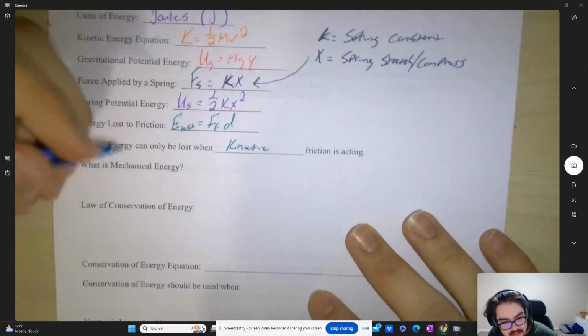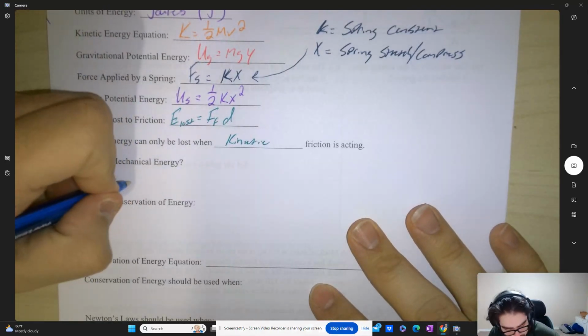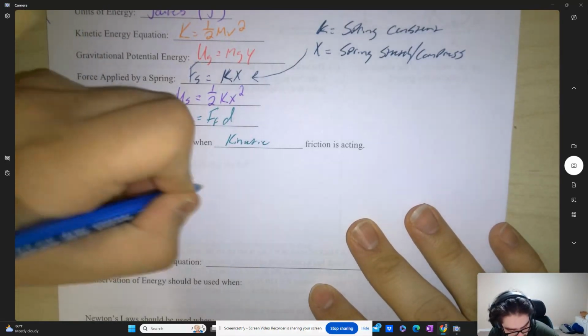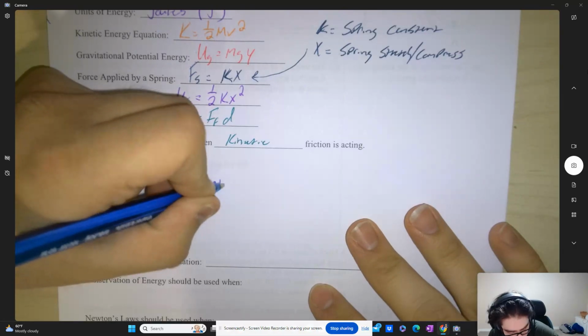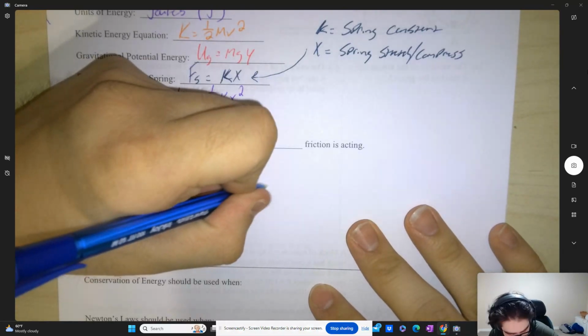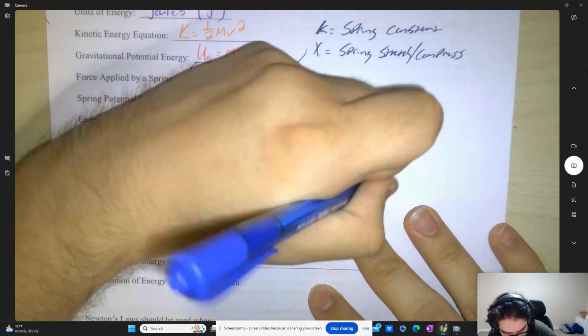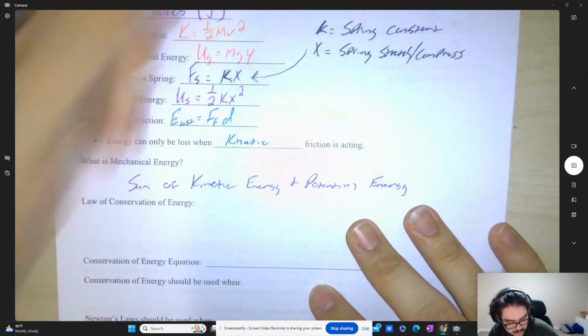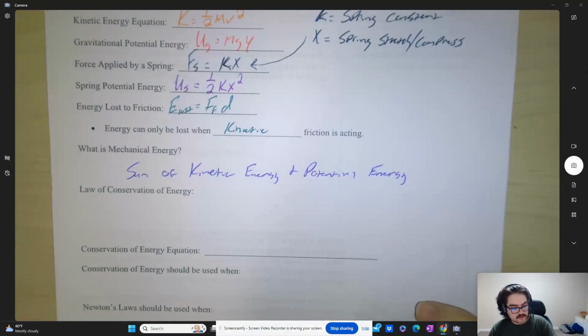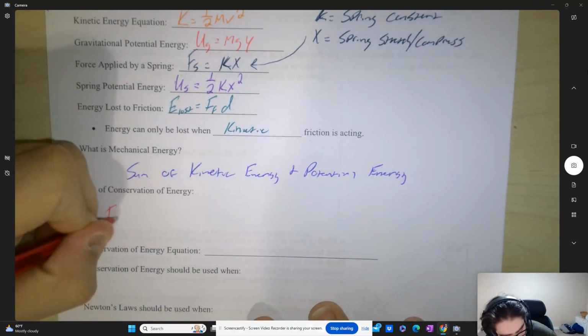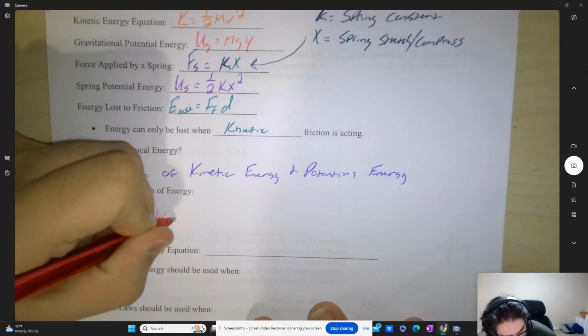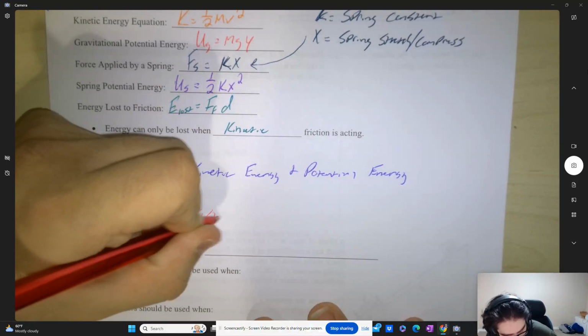Mechanical energy is the sum of kinetic energy and potential energy. The law of conservation of energy states that in a closed system, total energy remains constant.